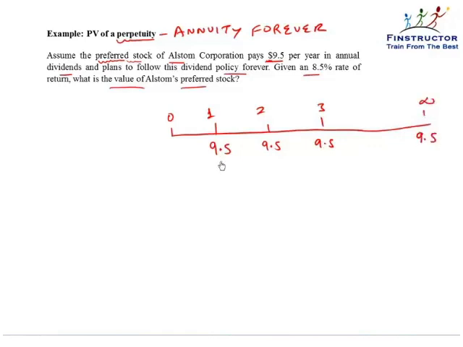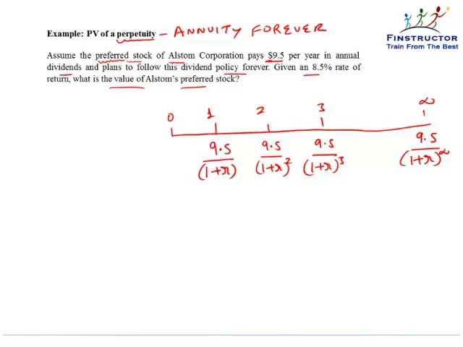So what will be the present value of the first cash flow? It would be 9.5 upon 1 plus r. The second cash flow would be 9.5 upon 1 plus r to the power 2, and so on and so forth. The cash flow coming at t equal to infinity would have a value of 9.5 upon 1 plus r to the power infinity.